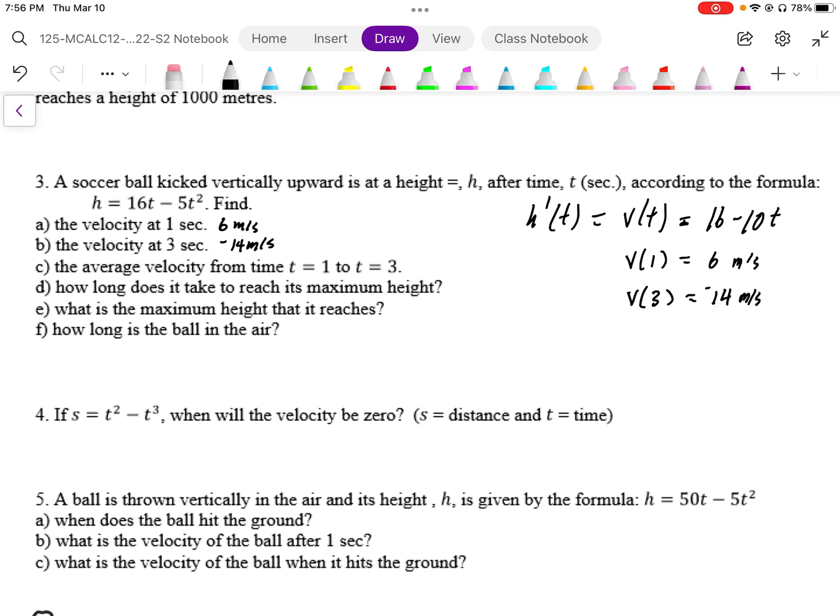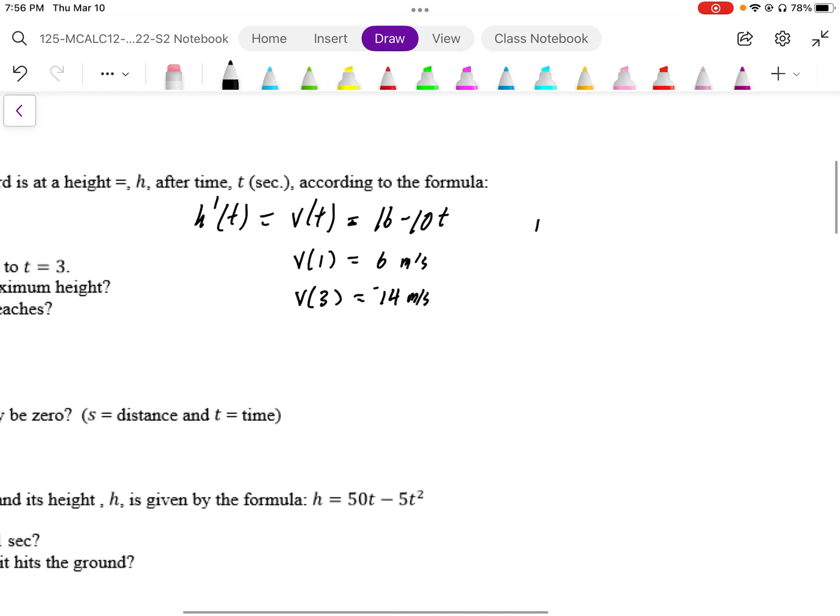To find the average velocity from t equals 1 to t equals 3, the average is just the slope. So we want not the velocity, but the height at 3 seconds minus the height at 1 second over a period of 2 seconds.